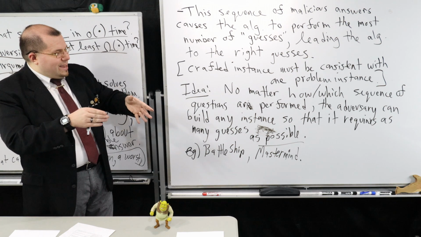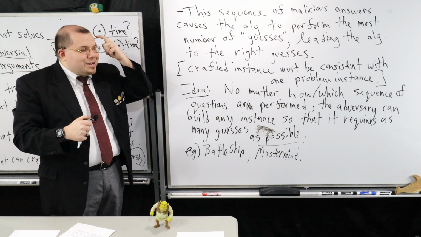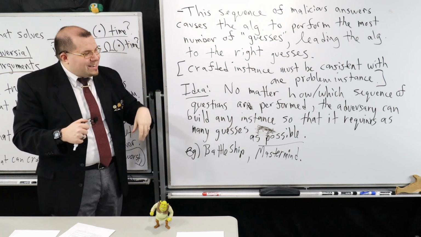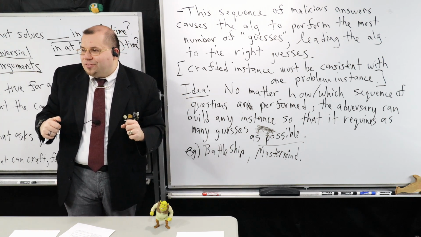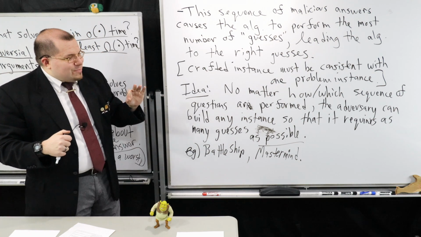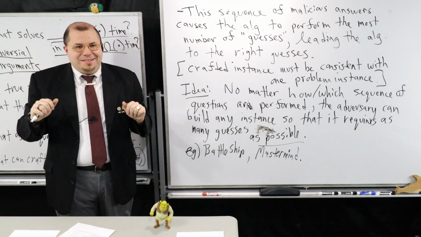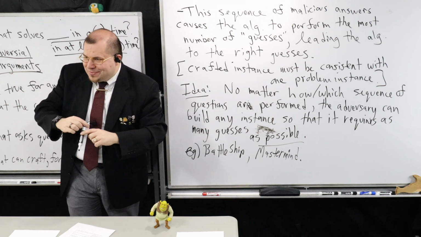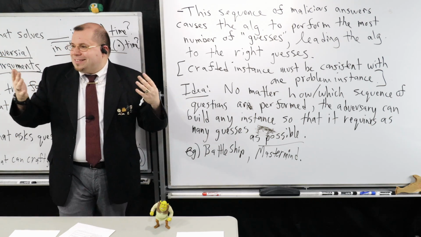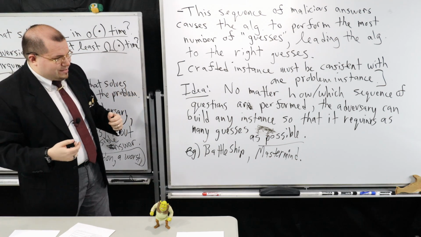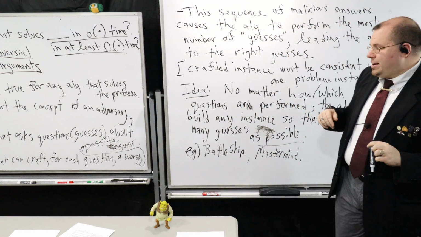The point is that I've crafted some instance, so with some omniscience, some future foresight, my adversary could figure out all possible guesses that I could have and place them on the board so it maximizes the number of guesses, regardless of what sequence of guesses I make in Battleship. So, does that help anybody thinking about, say, Battleship? I know that there's a lot of different ways you can think about this adversary idea. But those are the couple I can think of that are great.